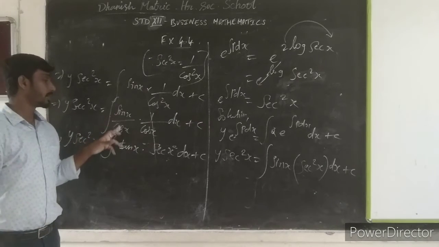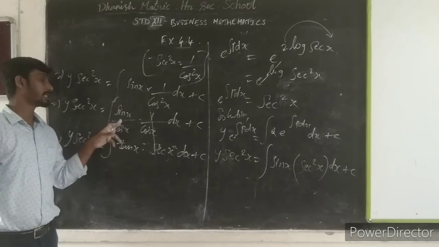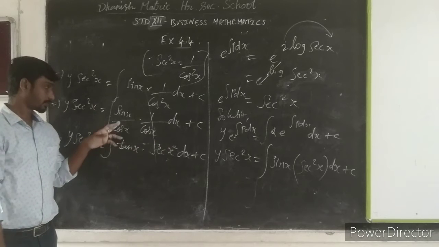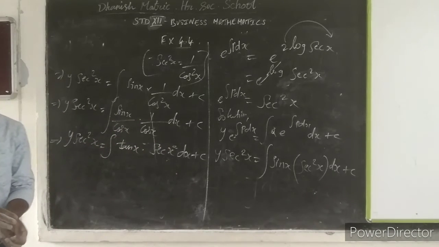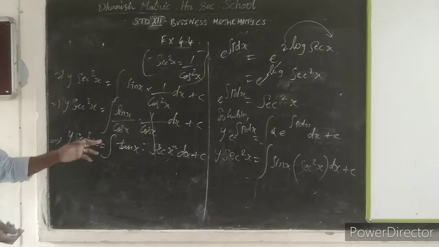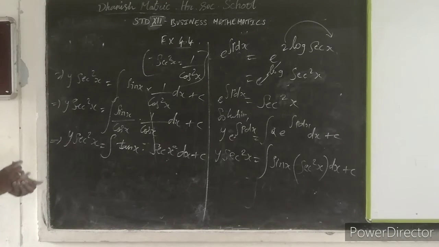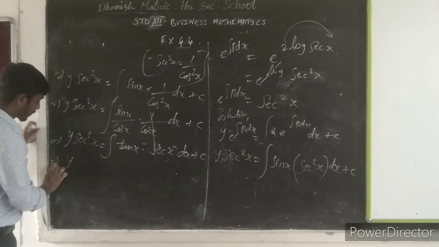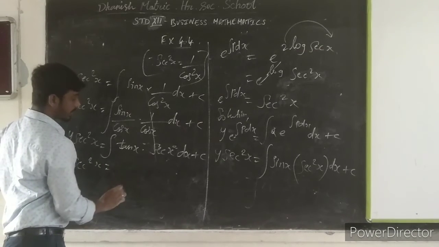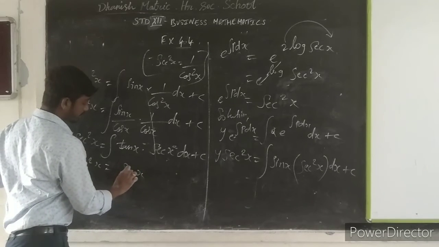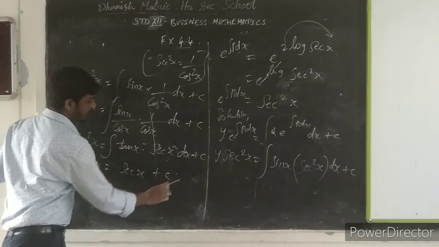Integration of tan x secant x is secant x, plus c, the constant.